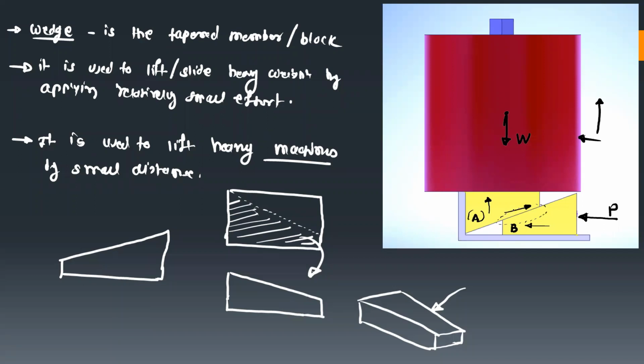So relative to B, wedge A will slide in the rightward direction, and along this vertical wall there is also sliding motion. This is the contact surface.